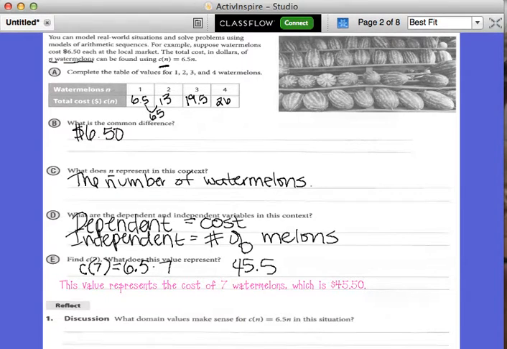All right, so now, what domain values make sense for C of n is equal to 6.5 times n in this situation? So what this is asking is what values overall, not specific values, but what types of values can you use for your inputs, for your domains? So I want you to take a second to think about this, pause, and then come back and check your answer.